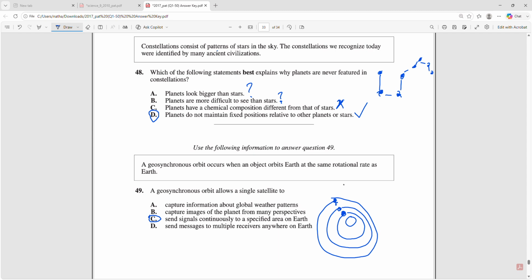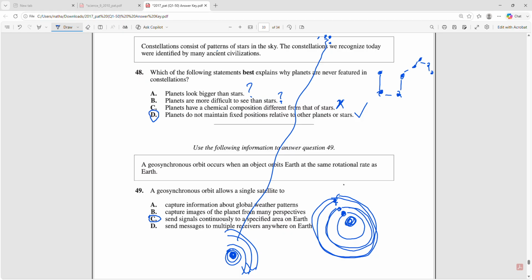Now, these planets are moving around the sun like this, and we can see them move, and they have different positions in the sky. Now, this might look like a big distance when we think about our solar system and our planets moving around, but when we look at the reality of things, here's our little solar system, and the stars we're looking at are so far away that we don't see any kind of movement. These stars are just out there in a fixed position for us. Whereas these planets are zipping around in our night sky.